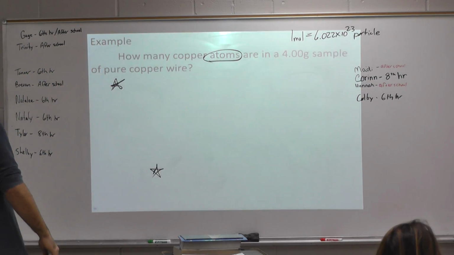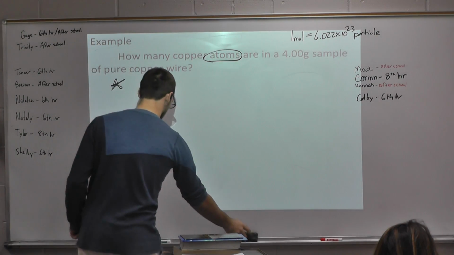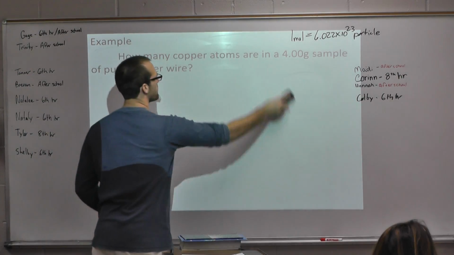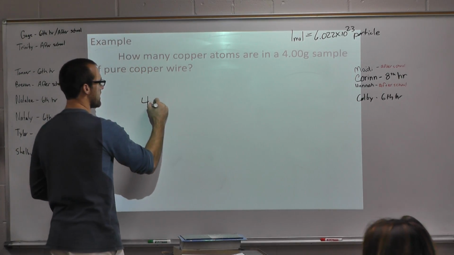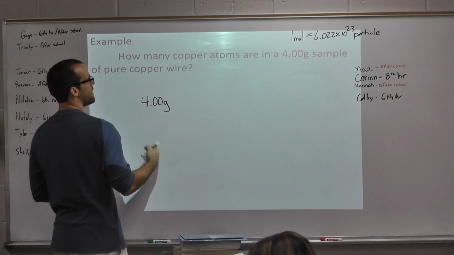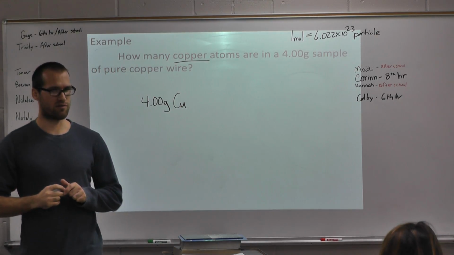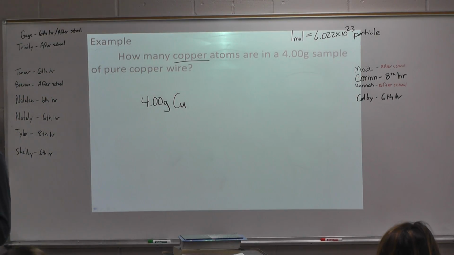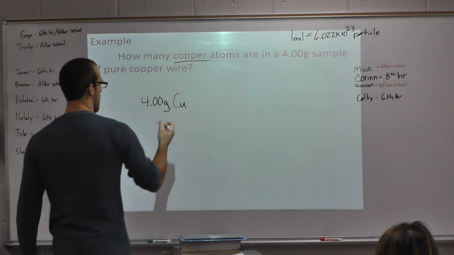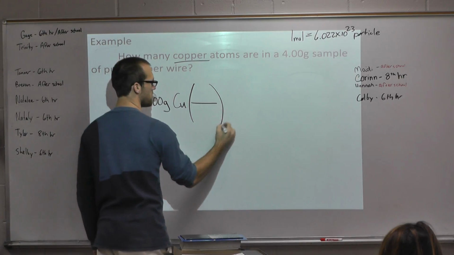Okay? So let's do this. It is a 2-step problem. I'm going to start again with what I've been given. But now we're talking copper here, correct? Following so far? And we want to know how many copper atoms that is. So everything flows through the mole train.